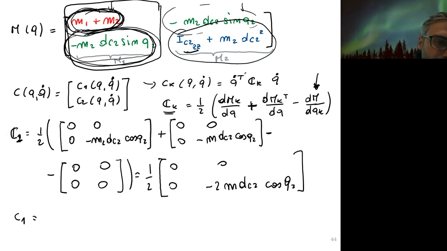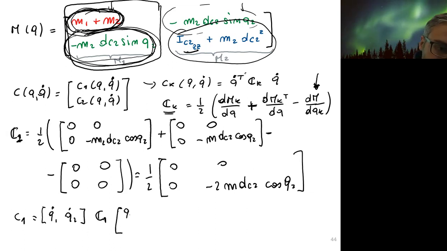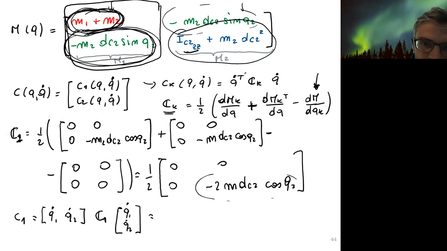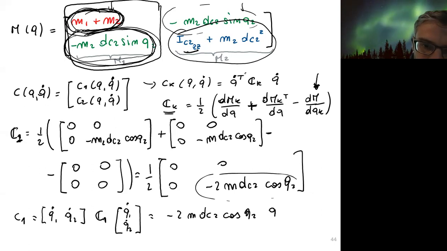Here we do Q1 dot Q2 dot the C1 element, which is this one, times this. And we see that since this is the only non-zero term, we will have this multiplied by the entry Q2 dot squared. The 2 goes away because it goes away with the 1/2.